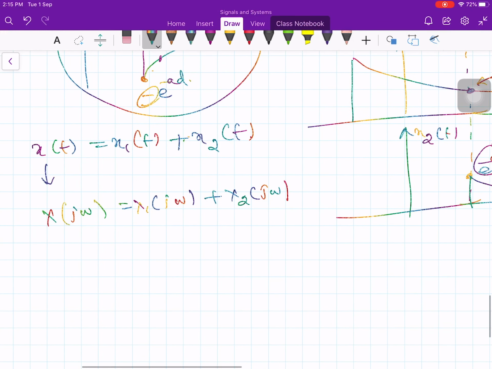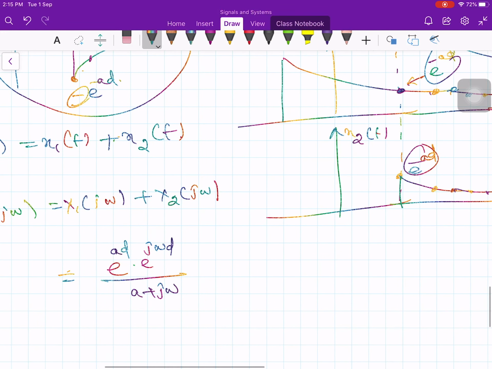Now what is X1 of j omega? X1 of j omega is, if you rearrange the terms, e to the ad, then e to the j omega d divided by a plus j omega. Then what is X2 of j omega? It is e to the minus ad, then e to the minus j omega d divided by a plus j omega.